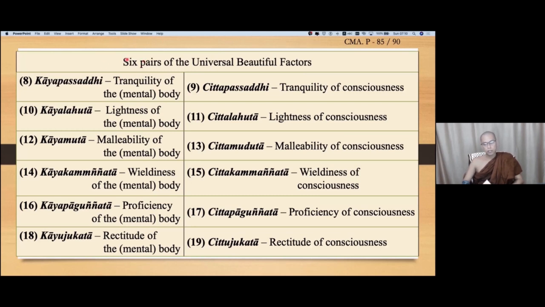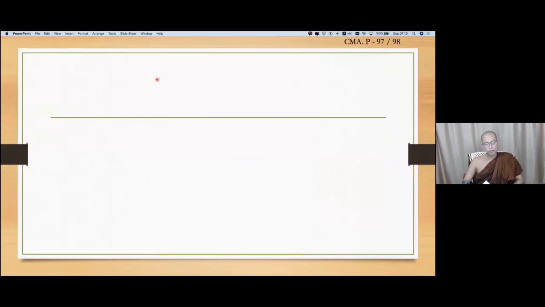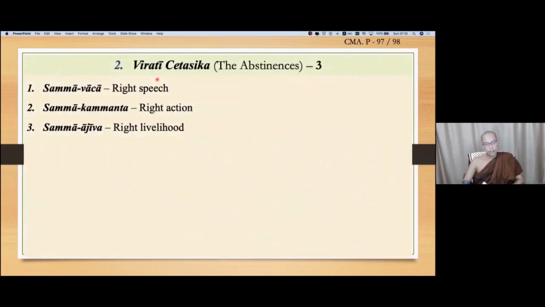These 19 arise with beautiful consciousness. This is clear for the first way, and we will focus on the others. In this second way, we need to focus on the Virati Cetasika: Samma Vaca, Samma Kammanta, Samma Ajiva. How do they arise?